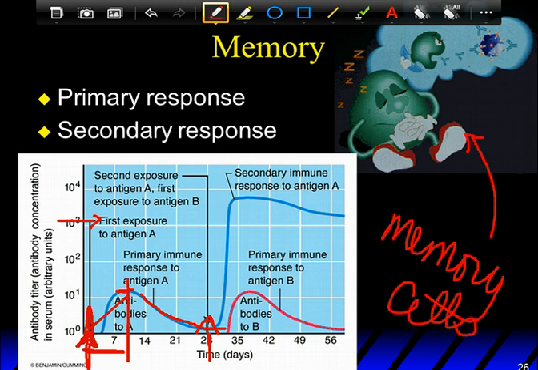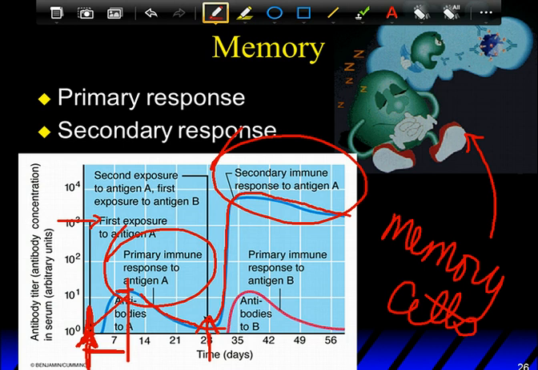Those guys up there, they carry the memory of the antigen. So if they come in contact with that antigen again, they immediately activate. They start making antibody very quickly. You get a huge, intense, fast immune response. This is called the secondary immune response. The first response is called the primary response.